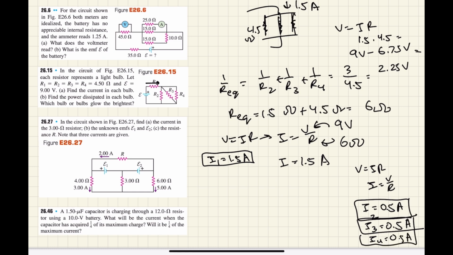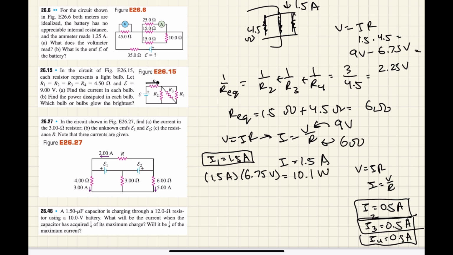Now for the power, you do I times V, and we know all the voltages. We just calculated them. So this is 1.5 amps times 6.75 volts for the first bulb, and 1.5 times 6.75 gives you approximately 10.1 watts.